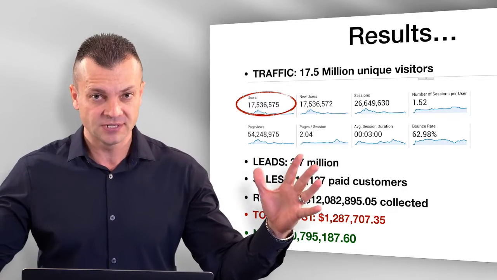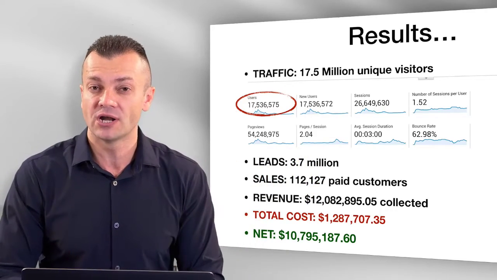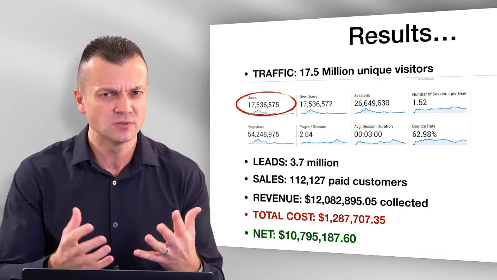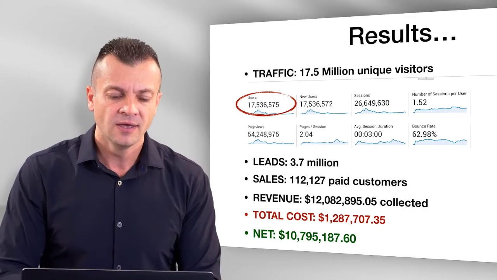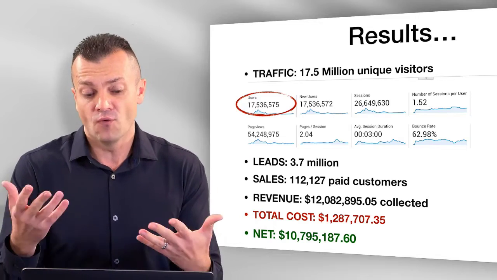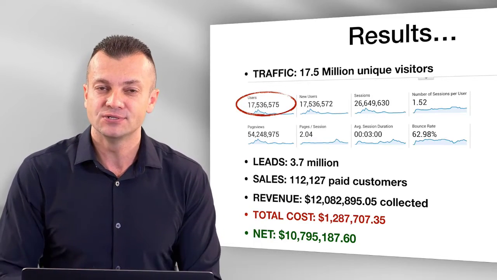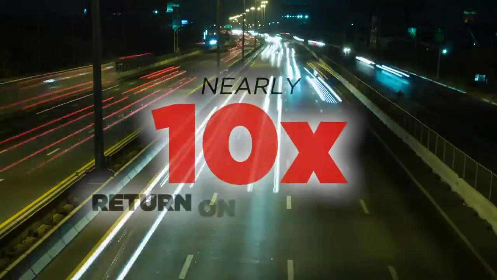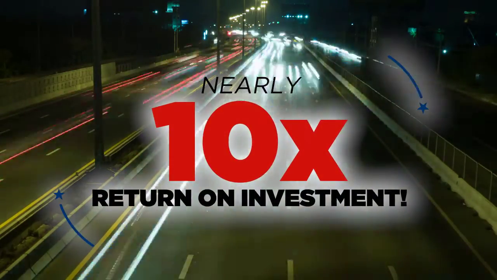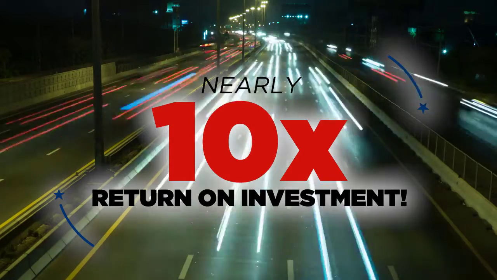Again, this is over 36 months. On average, we were generating over 450,000 visitors every 30 days like clockwork. It cost us over $1 million, $1.2 million to run this campaign. However, the return on that investment has been almost 10 times, like 9.85 or something like that. So it generated a net profit of over $10 million.